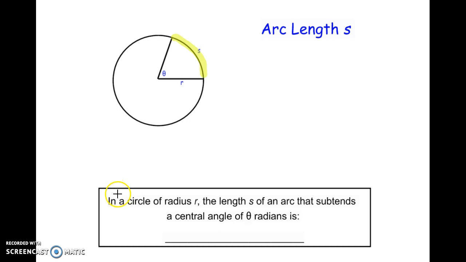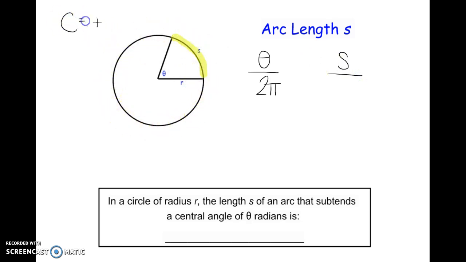So the first thing I want you to think about is the fact that all the way around a circle, we know that that's going to be 2 pi radians, right? And this angle theta right here should be in proportion with this arc length compared to the entire circumference of the circle. So if we compare the angle theta to 2 pi, we can also compare the arc length, which we're calling S, to the entire distance around the circle, which is the circumference.